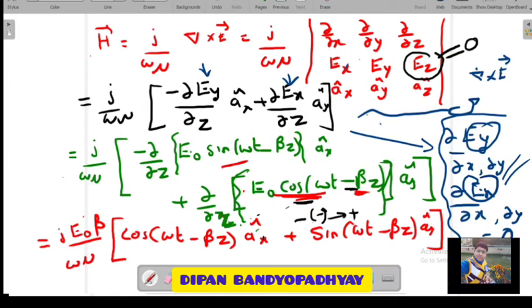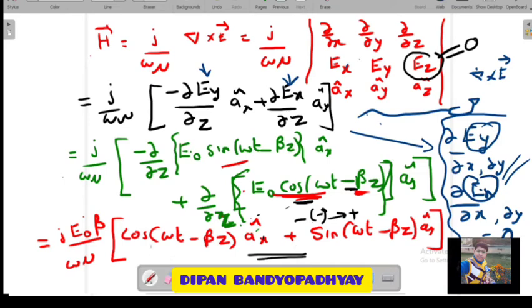That is why I have written the plus. There will be no negative sign. If you do it on your own, you can note this point. The cos function, if you differentiate, you will get a minus sign. So there will be a negative, and from the minus beta there is another negative. So minus minus will be plus. This is what we have. Just check whether I have done it correctly or not.